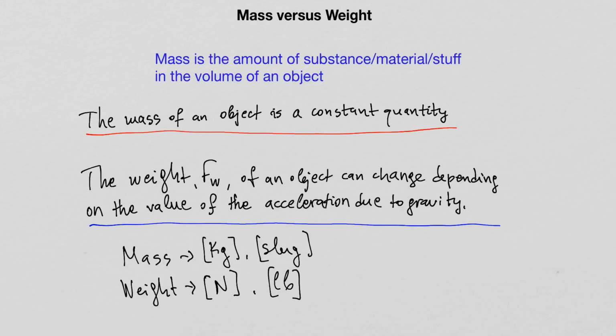And one more reminder about the units. Mass is measured in kilograms as a base unit in the metric system, or slugs as a base unit in the imperial system, and weight is measured in newtons in the metric system and pounds in the imperial system.